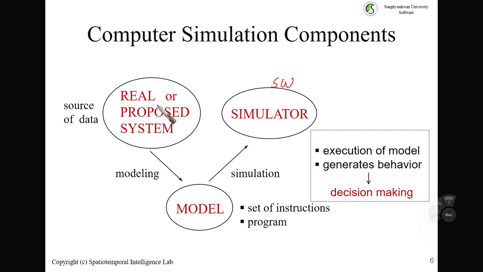So this real or proposed system becomes the source of data. By looking at the information and specification and any other information within the target system, we write a program to build the simulation model, and this activity is called modeling.